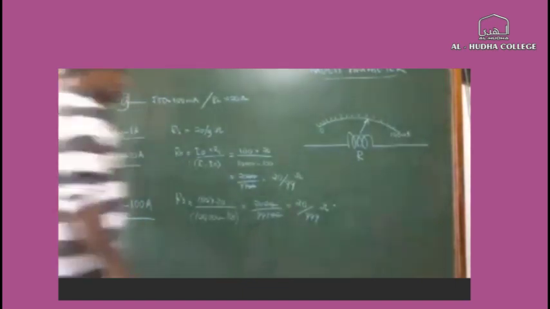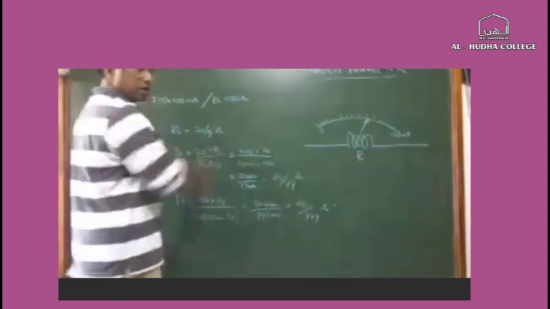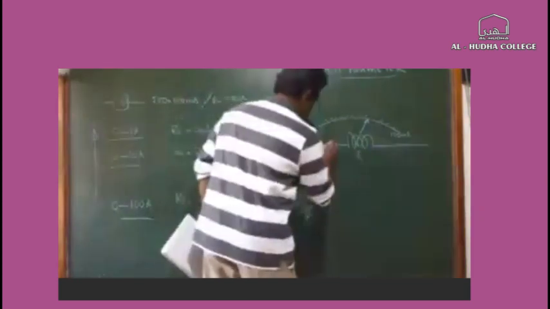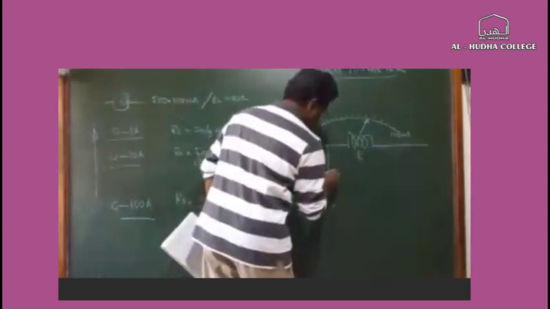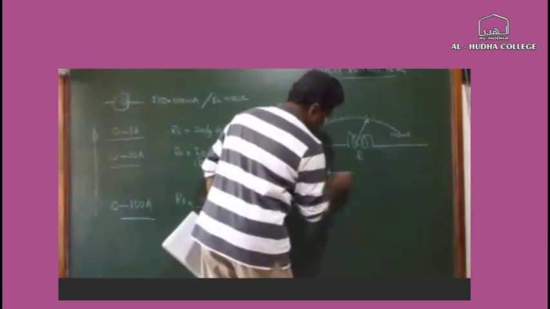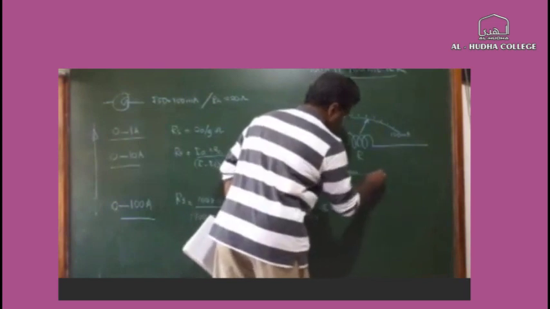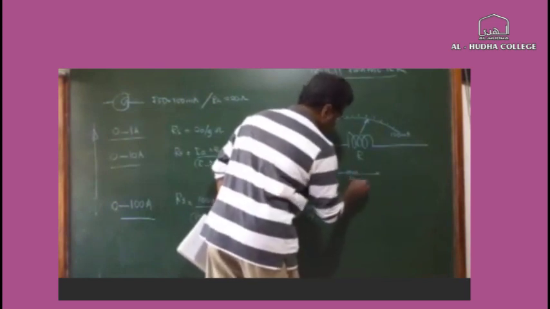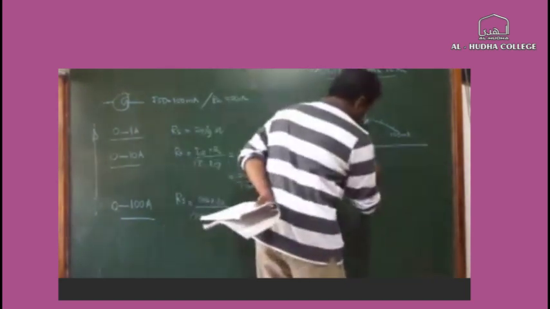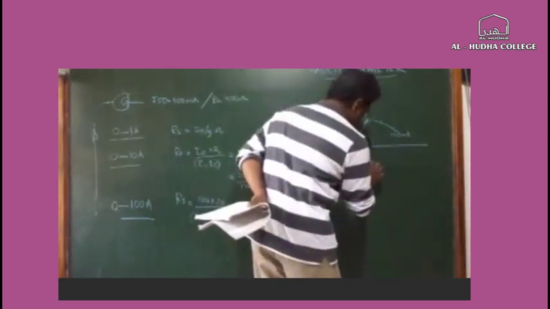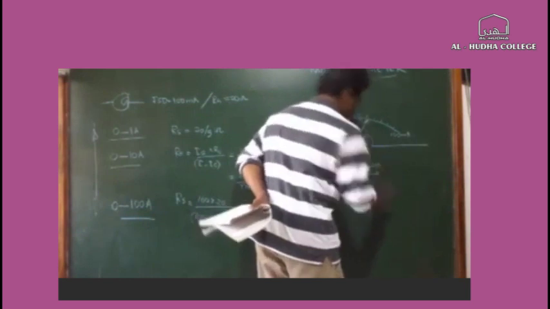Okay. Now, in the first case, when we wanted to measure 0 to 1 amp, we connected a shunt resistor of 20 by 9 ohm. So we take that case, a shunt 20 by 9 will give me a range of 0 to 1 amp.